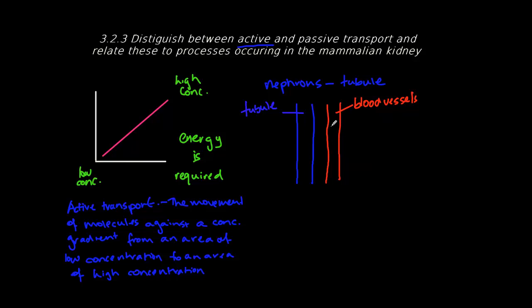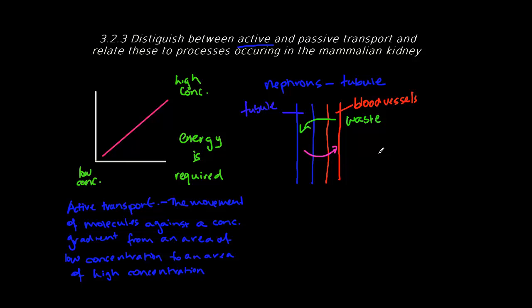How this occurs is that products of waste move from the blood vessels into the tubules to be excreted as urine. Also occurring at the same time, products that are needed move from the tubule back into the bloodstream, so that they're not excreted.